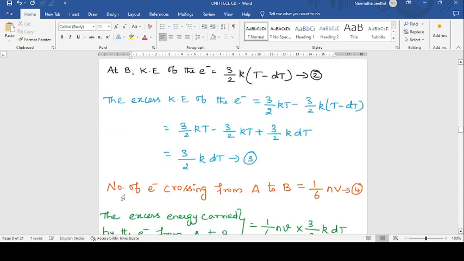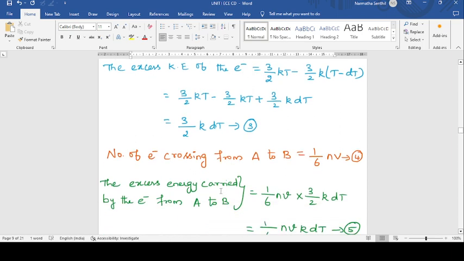Now we have to calculate the number of electrons crossing from A to B, which is equal to 1 by 6 n v. Therefore, we calculate the excess energy carried by the electron from A to B. Since A is the high temperature region, the energy is carried from A to B. The excess energy carried from A to B is equal to the number of electrons crossing multiplied by the excess kinetic energy.